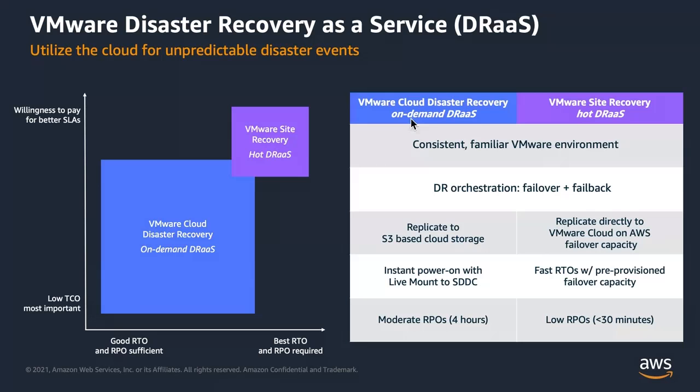So we're just using storage. We don't need the compute portion of the disaster recovery site unless there's a disaster. We use this for moderate RPOs. It's 4 hours, what we normally stage that for.